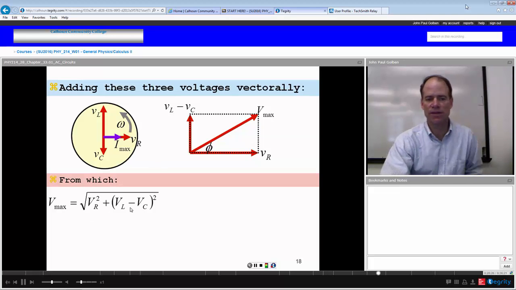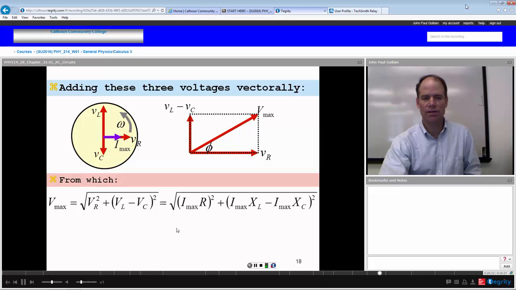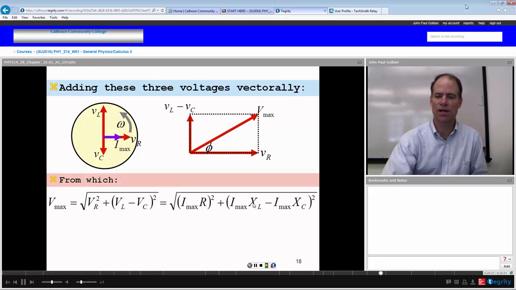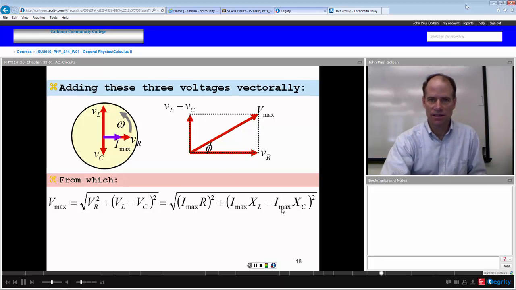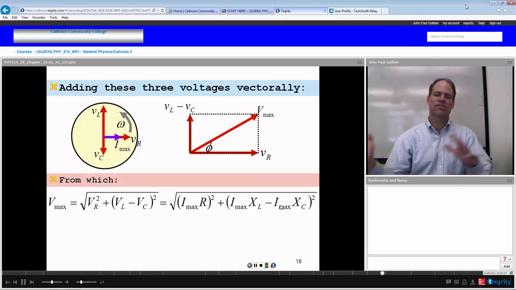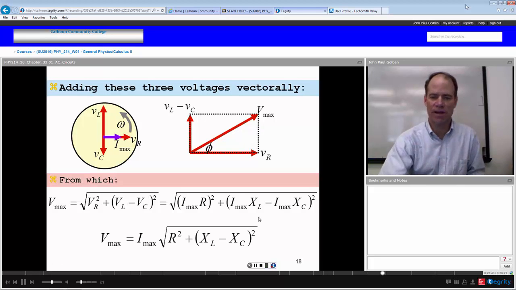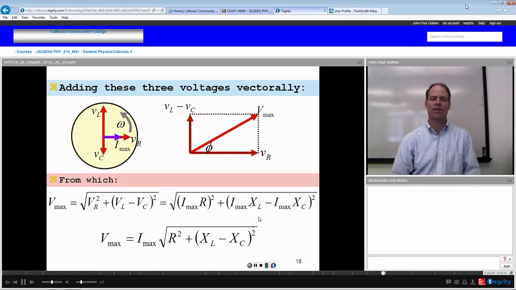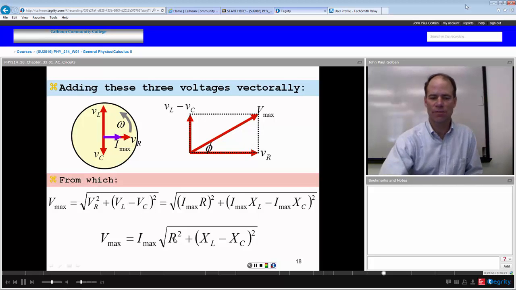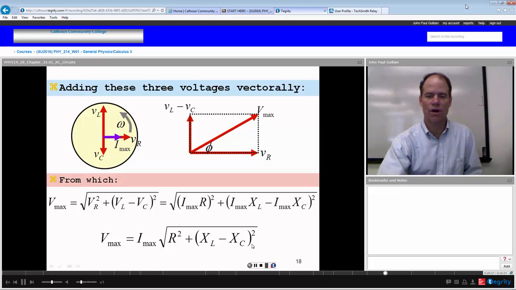Vmax is equal to the square root of VR squared plus our net reactance voltage squared, which I could write as the square root of I max R squared plus I max inductive reactance minus I max capacitive reactance, that's squared. Let's factor out an I max out of everything. And we would have that Vmax is equal to I max times the square root of R squared plus chi sub L minus chi sub C, that quantity squared.